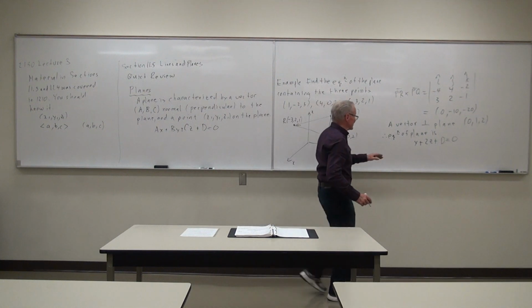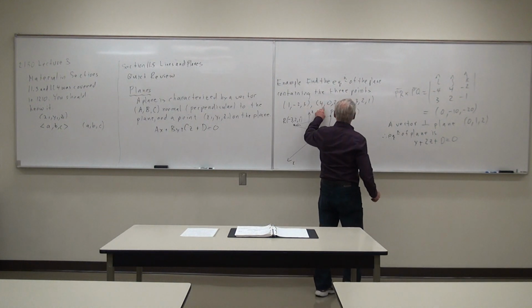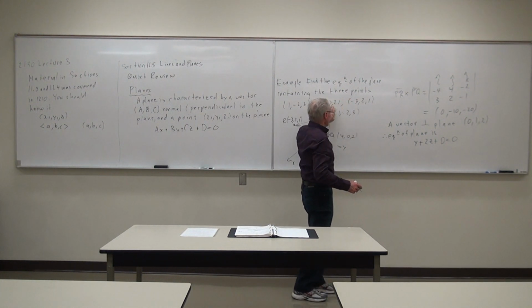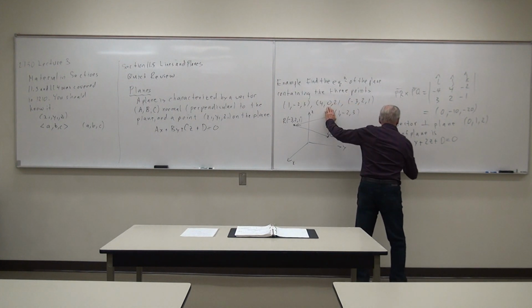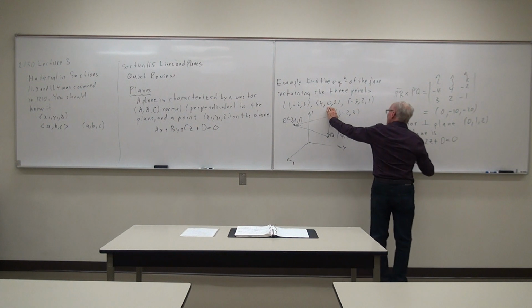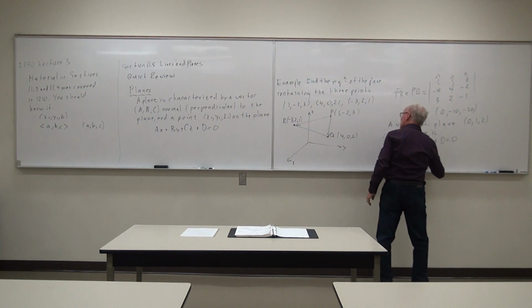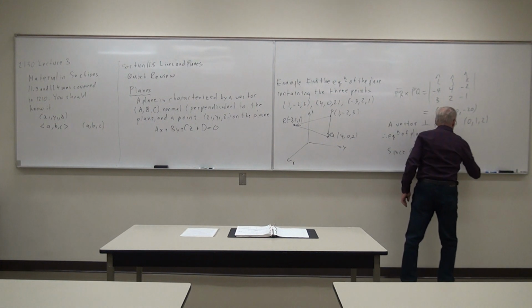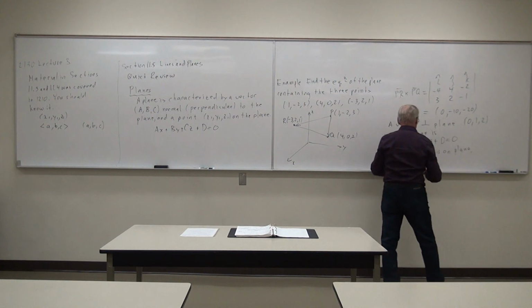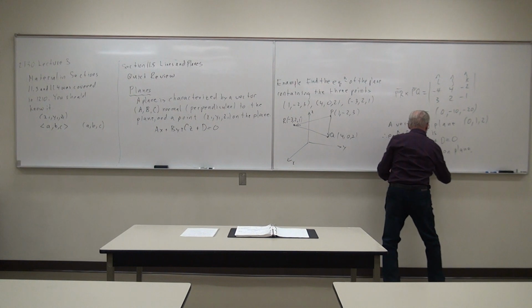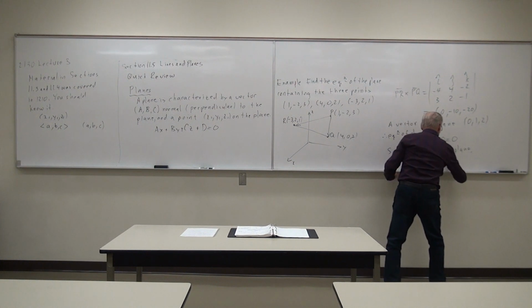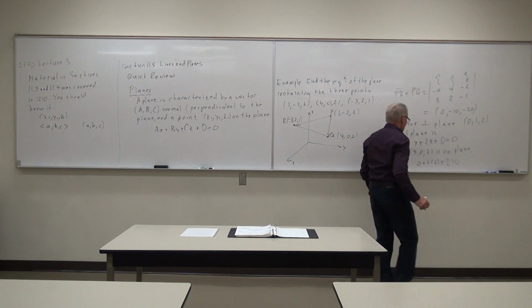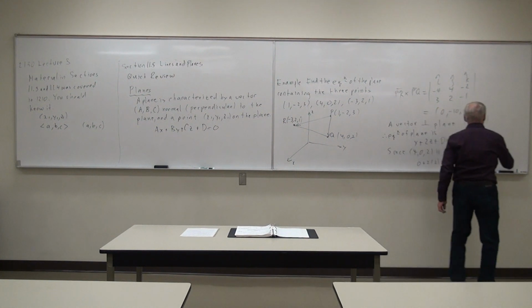All we have to do is get the D, and we can use any one of these 3 points to get the D. Why don't we use this one because it's got a 0. Since the point 4, 0, 2 is on the plane, if we substitute it in, we get 0 plus 2 times 2 plus D is equal to 0. Therefore, D is equal to -4.